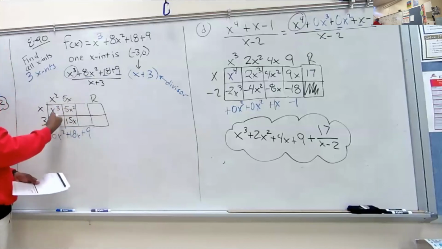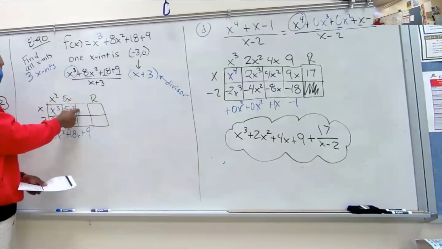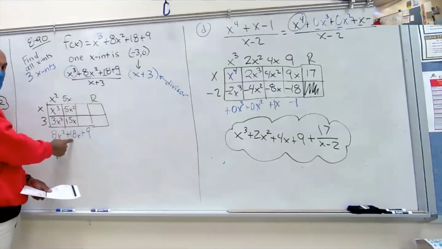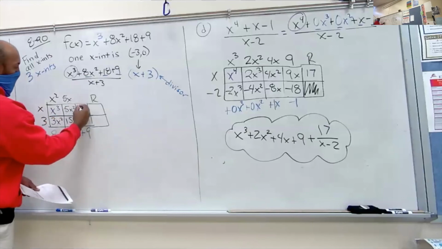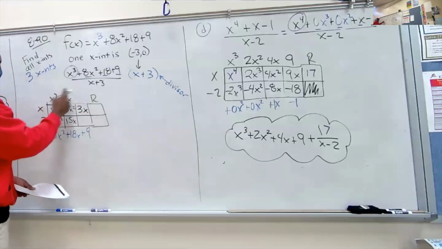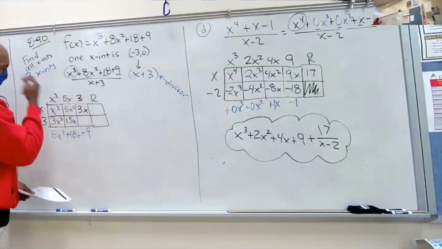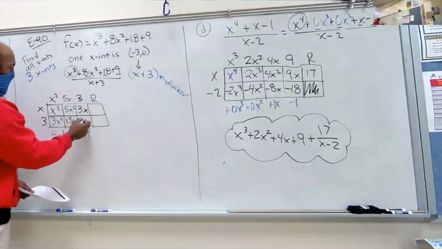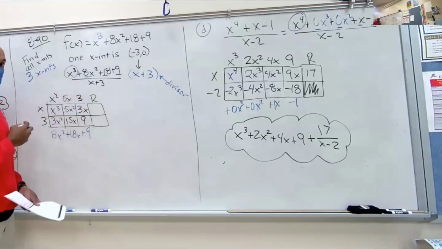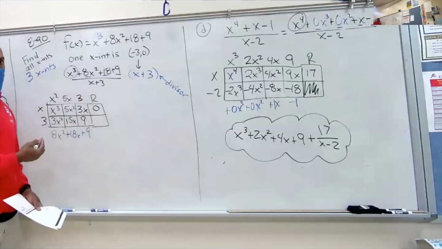Again, notice I'm adding these two to get that one. So what do I have to add here to 15 to get to 18? 3x. X times 3 is 3x. And then 3 times 3 is 9, which means I have a remainder of 0 because those numbers are the same.